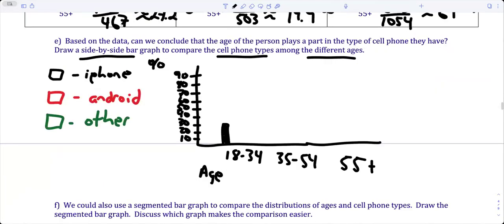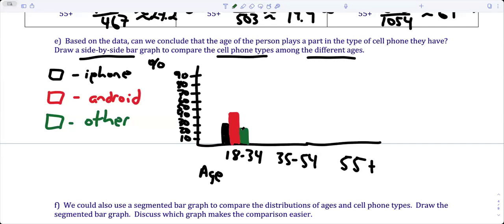Let me change colors, so that it looks something like that.